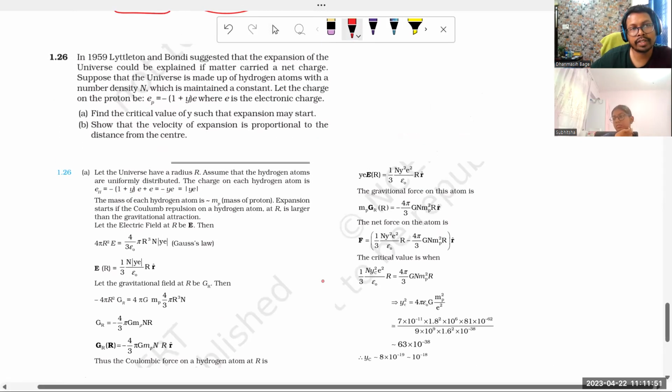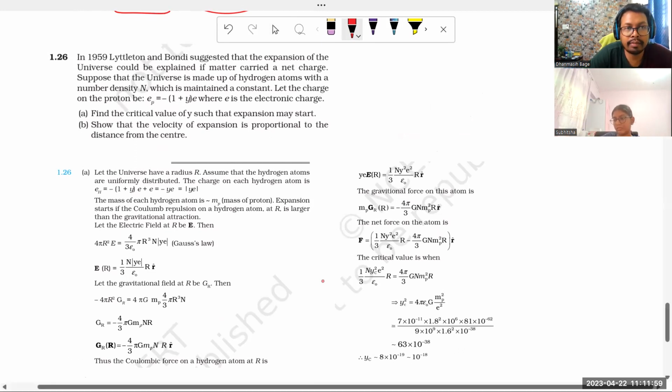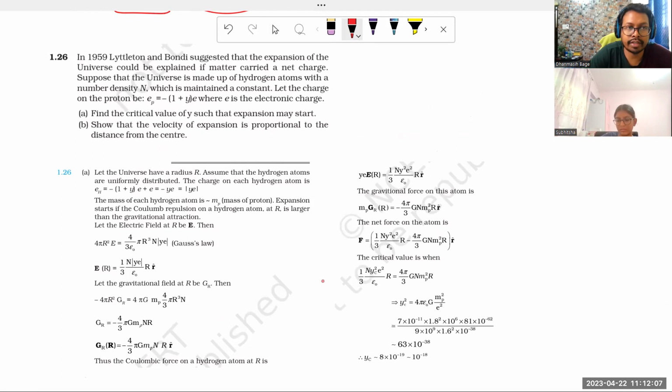Just see what is the question. In 1959, Littleton and Bondi suggested that the expansion of the universe could be explained if matter carried a net charge. Suppose that the universe is made up of hydrogen atoms with a number density n.